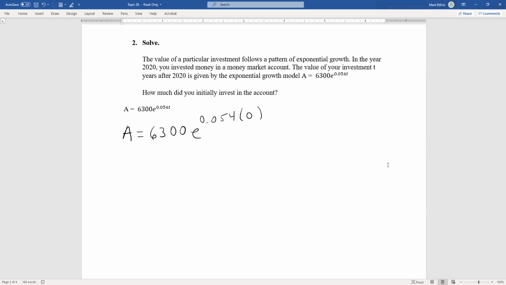You don't really need a calculator for this one. Anything multiplied by 0 gives you 0, and anything raised to the 0 power is 1. So this would be 6,300 times e to the 0, which is 1, which gives us our initial investment of $6,300.